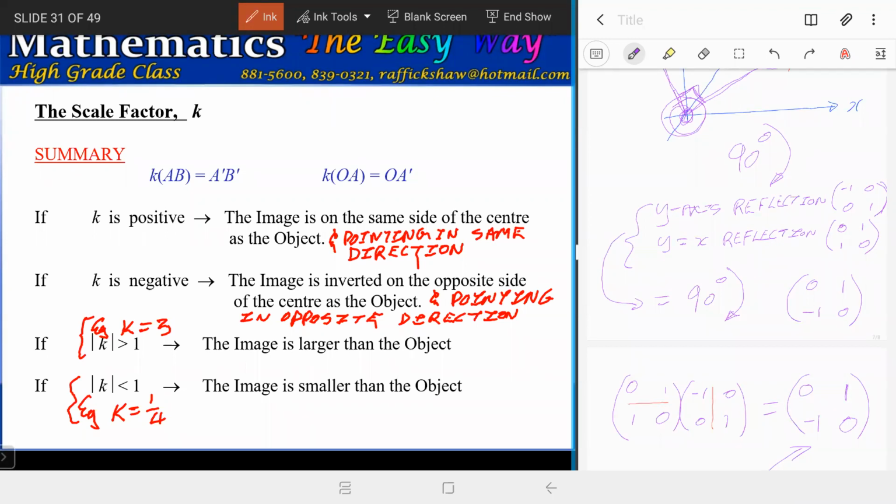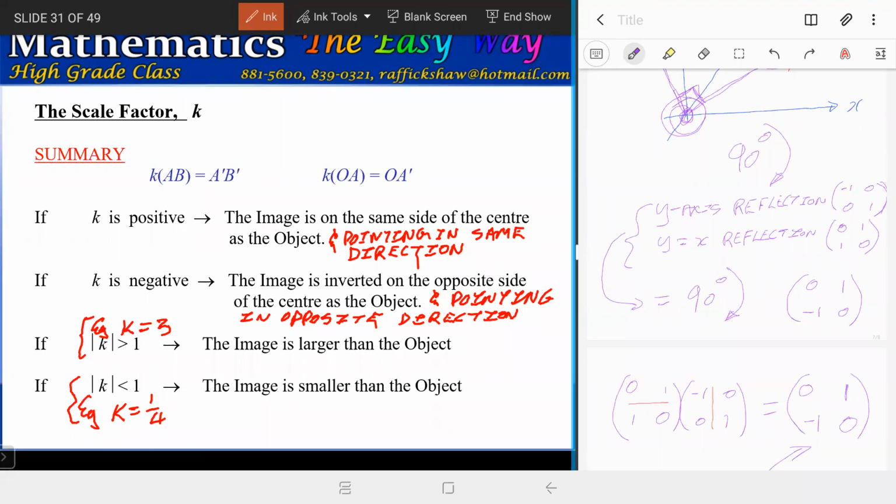When the scale factor is a value like 3 or 1.5, any value greater than 1, the image is going to be larger than the object. When the scale factor is a fraction like a quarter, or a half, or 3/4, or a third, any value less than 1, the image is going to be smaller. So the value affects the size.